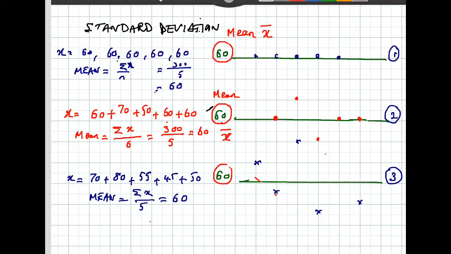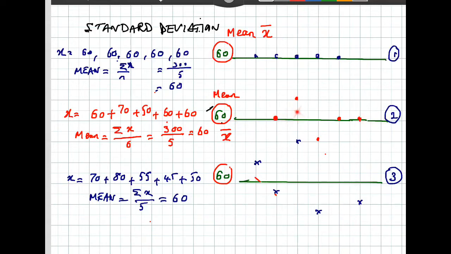In the second case, we have 5 exam results, 5 sets of results, and if you add them up and divide them by the number of results, you're going to get 300 divided by 5, which is 60. So that is basically the same mean.